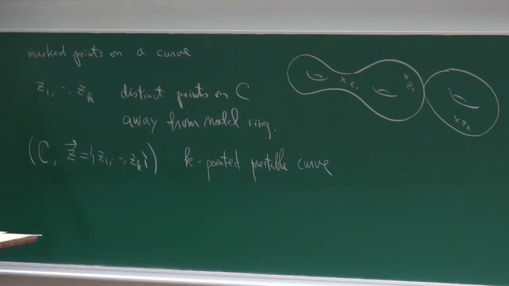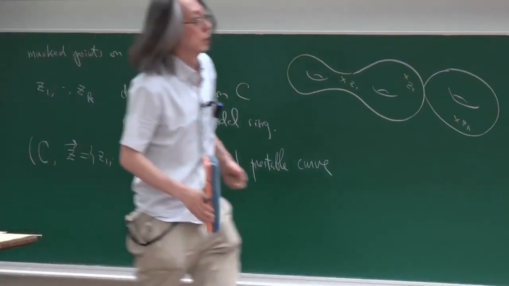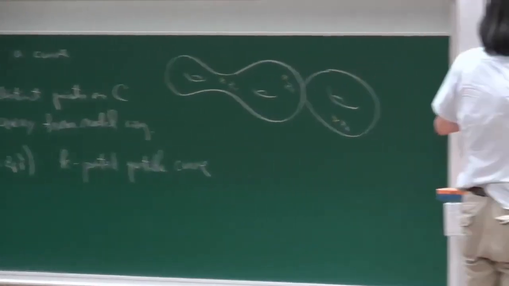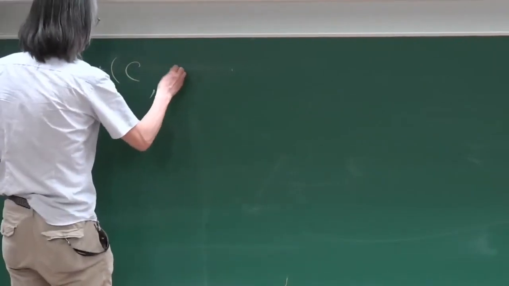And now we consider its automorphism. So now we consider the automorphism of this thing, maybe only C, or maybe with these marked points. So, the automorphism group.